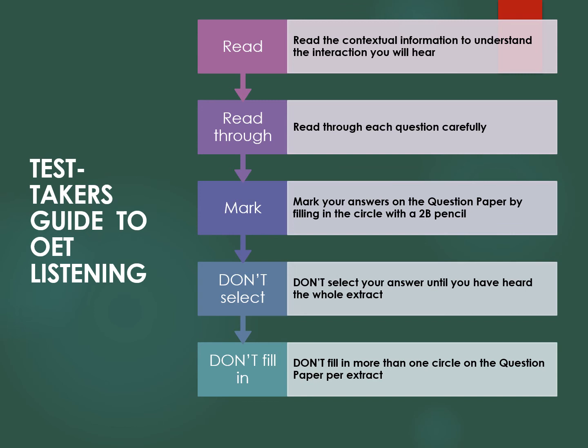So when you've finished your reading and your listening, these sheets are fed through a computer. The top of every sheet has your OET ID number on it, and in the flash of an eye, the sheet's gone through the computer, and all your answers are read and allocated to your OET ID number.